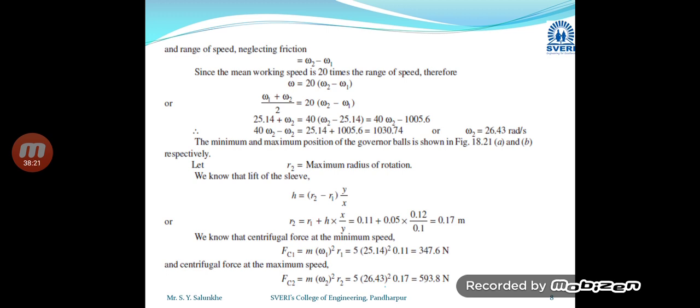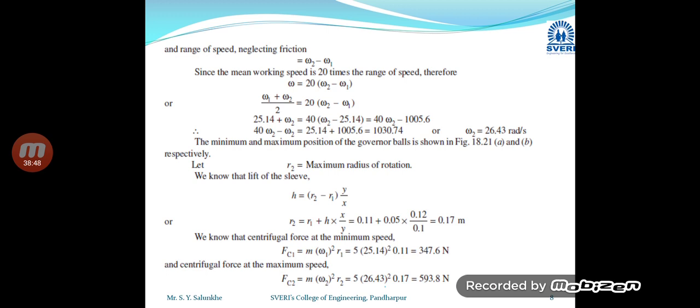Now we calculate the centrifugal force, that is m r omega square. When the governor is rotating at the minimum speed, the omega 1 value, it is m into omega 1 square multiplied by r1. So it will be 5 multiplied by 25.14 square into 0.11, which is 347.6 Newton.